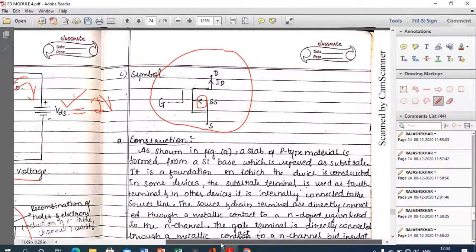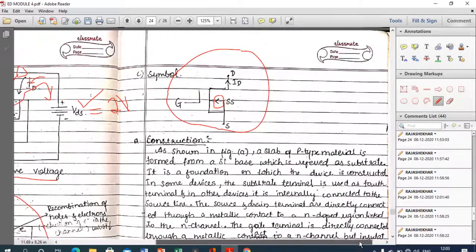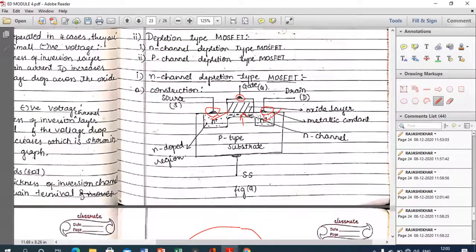Another important thing when I compare this with the enhancement type: in enhancement, while doing the construction, there is no channel between the two n-plus doped regions, whereas in depletion there is already a channel formed, but it is in depletion mode because there is no movement of electrons when it is constructed. So it is called depletion type, meaning no movement of electrons between the two n-doped regions, but there is a channel. Hence it is called n-channel depletion type.